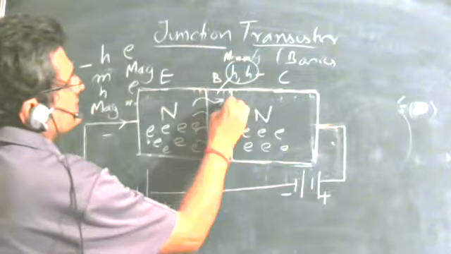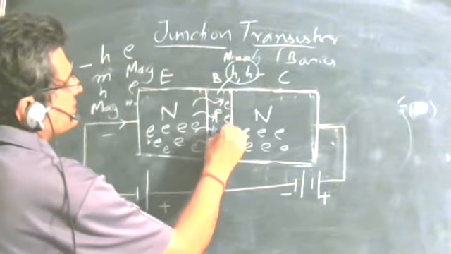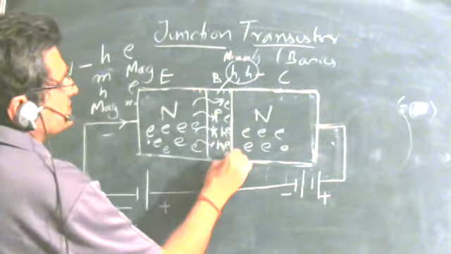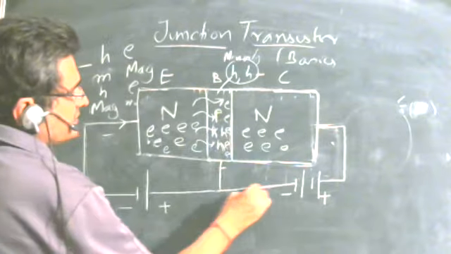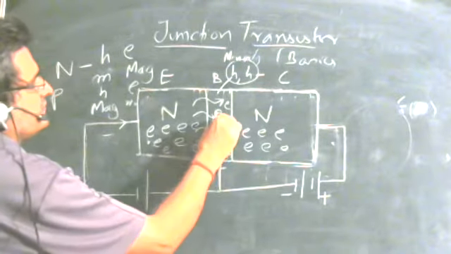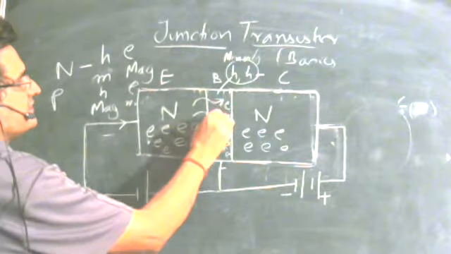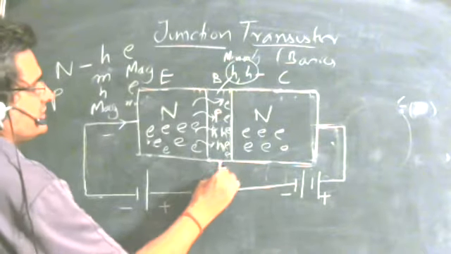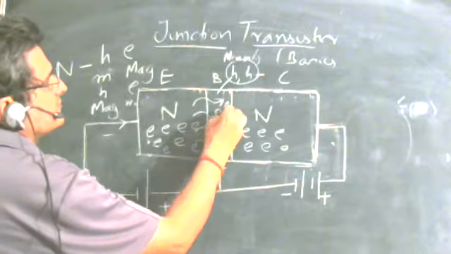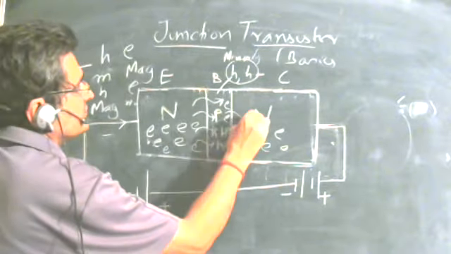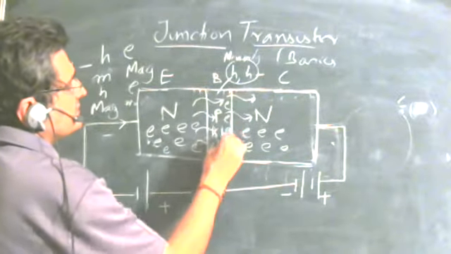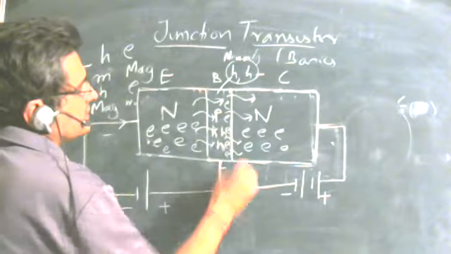So most of the electrons find themselves closer to the junction boundary, and here it is a reverse bias. Electrons which were majority here are minority carriers on the P side, and the reverse bias current is because of the minority carriers, so the electrons easily cross over to the collector.